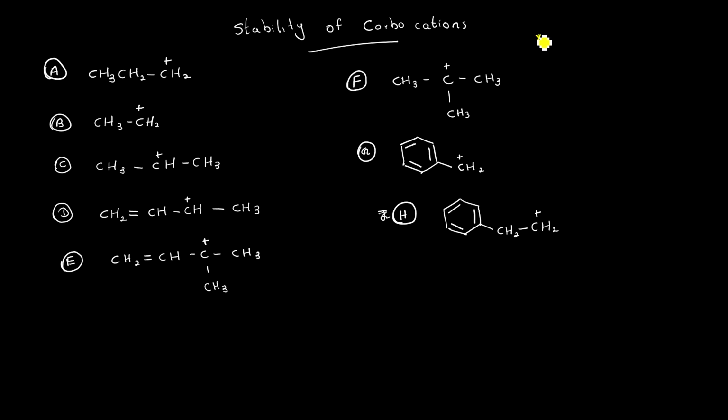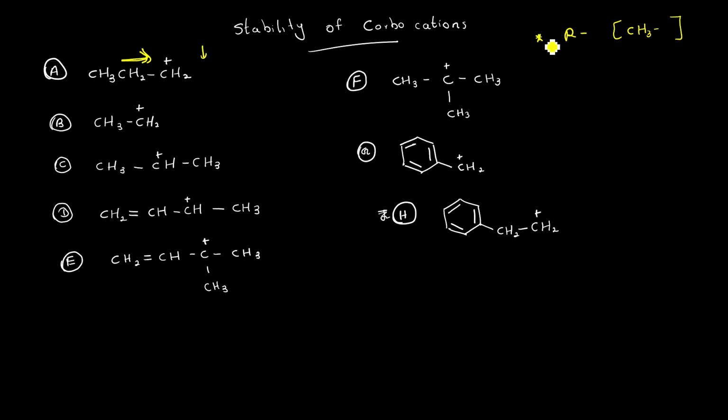there are two factors. With these R groups, like CH3, CH2CH3, these alkyl groups can push electron density towards the carbocation. The carbocation has a low amount of electron density, so if these groups push electron density towards it, the positive charge will be somewhat neutralized.